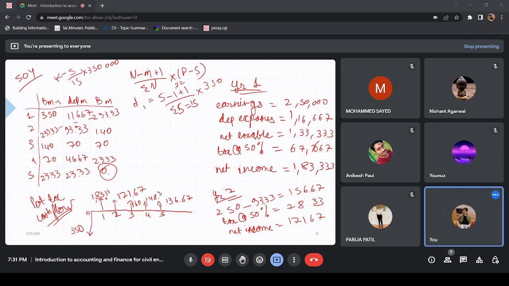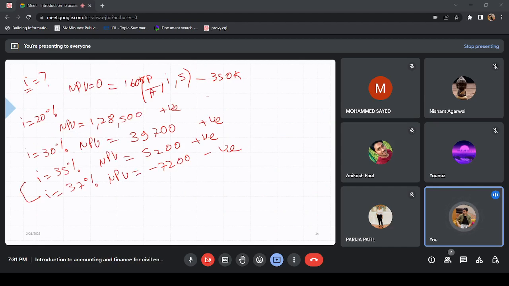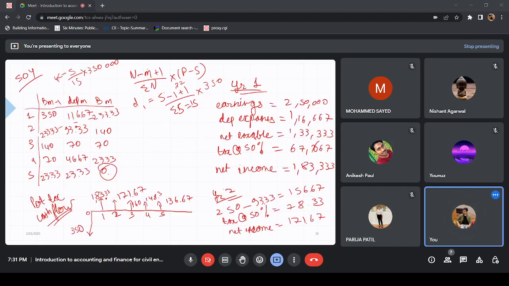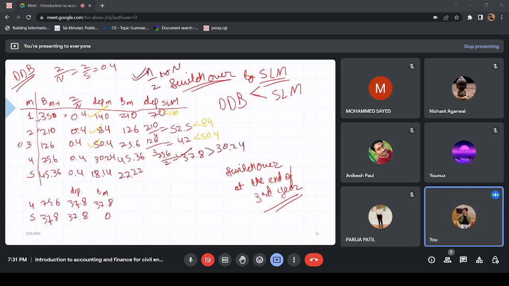So with this, you know by trial and error method how to find out i. For double declining balance method also, you have got depreciation. Let me highlight it.